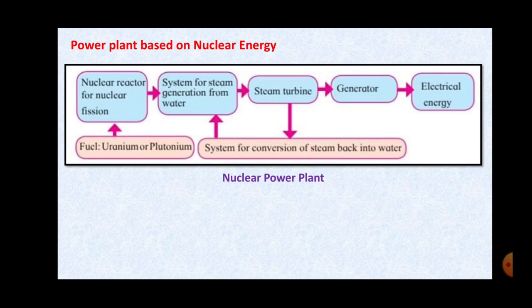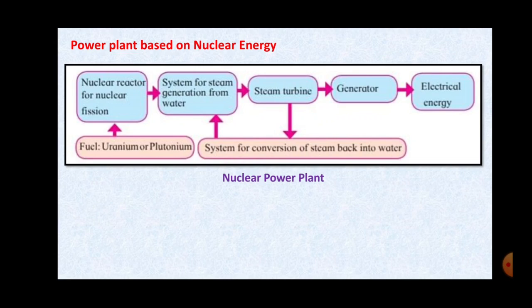Right? Now this energy in the steam, in the kinetic form, starts rotating the turbine. Okay. Then in turn this turbine drives the generator, and then in the last step the generator starts producing the electricity. Right? This is how the nuclear power plant works.